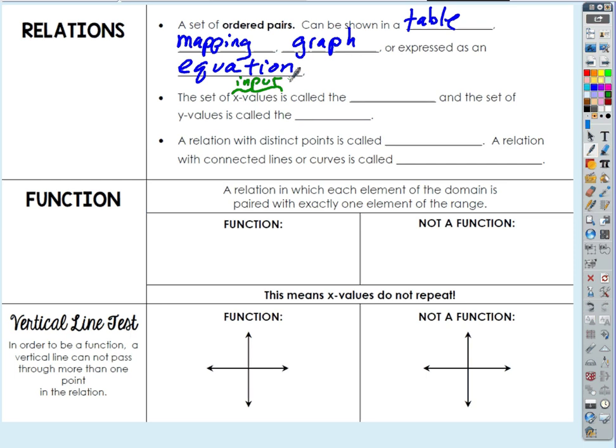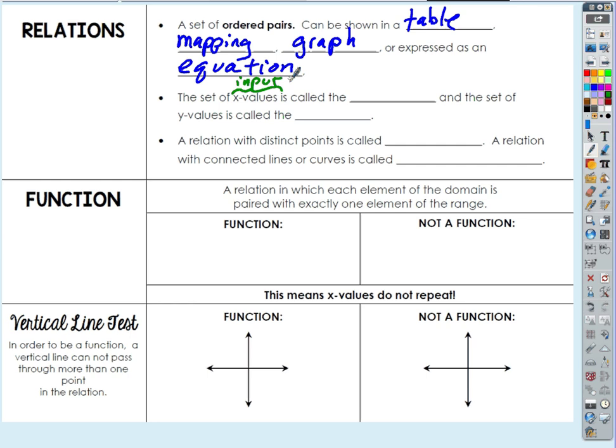What do we call the set of input values? X values. For a relation, it's the set of all the possible input values. What do you call that? I know you've talked about it, but it's been a while. It's been a hot minute.